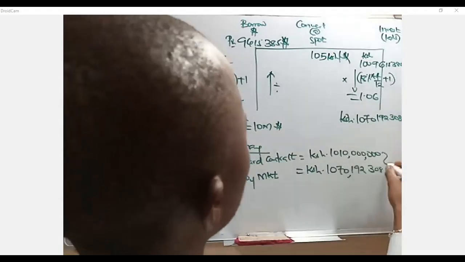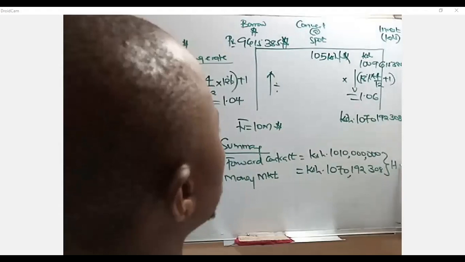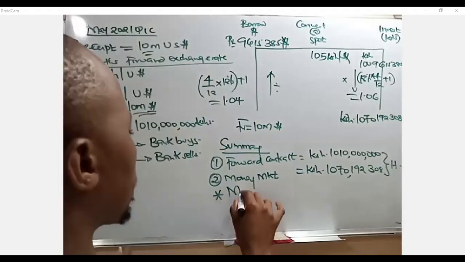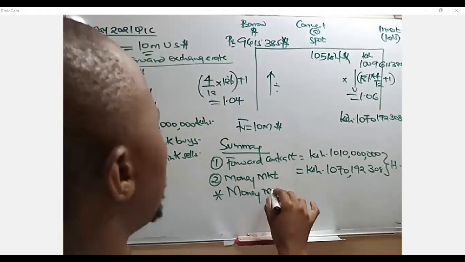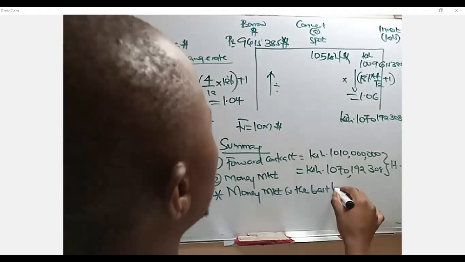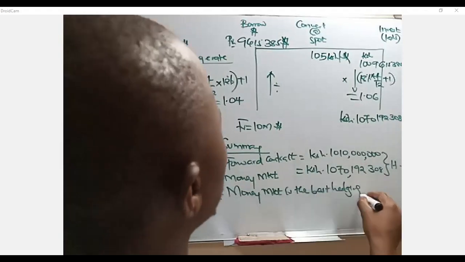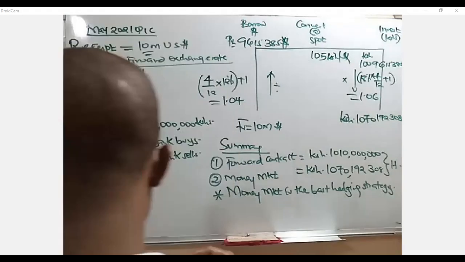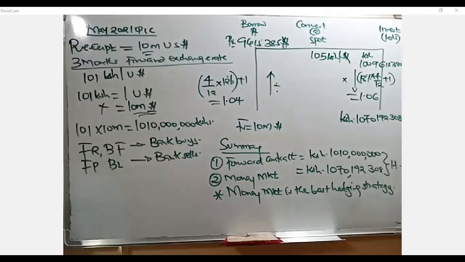We said when you are dealing with receipts, take the highest value, and we can just advise the examiner that the money market is the best hedging strategy. Any question?